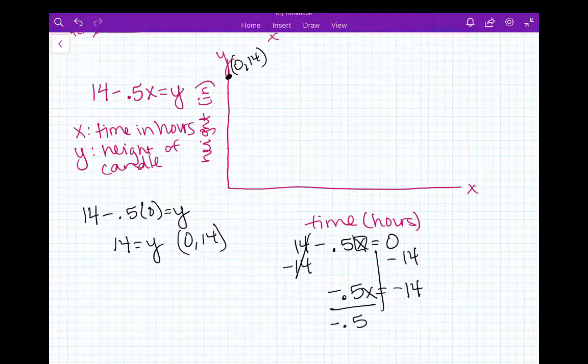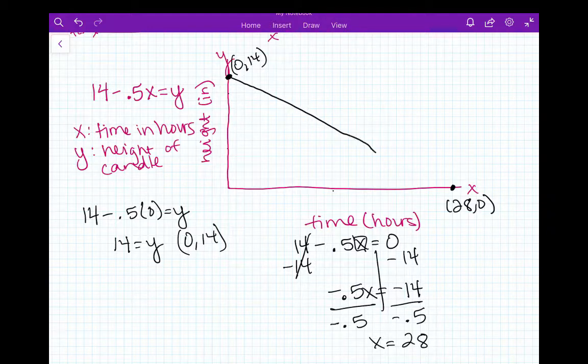Divide by negative 0.5. x equals positive 28. So there is 28. And when you're graphing these, it is okay to show that your lines go by more than ones, but just make sure that that stays consistent. So here's the point 28 comma 0. So we have our y-intercept, we have our x-intercept, which means we have our line. So we can draw our line.